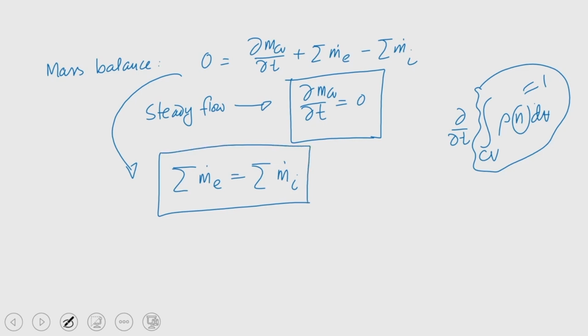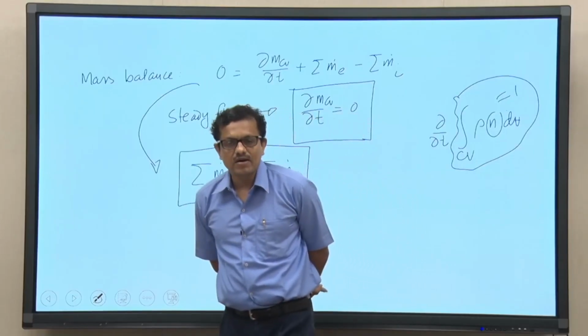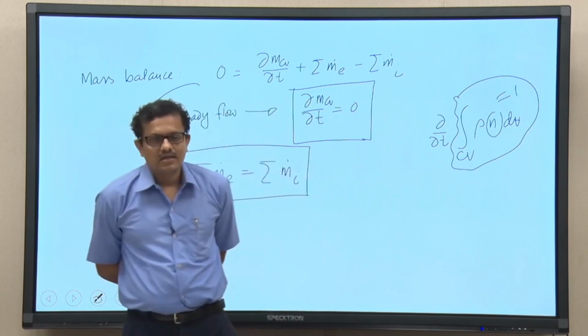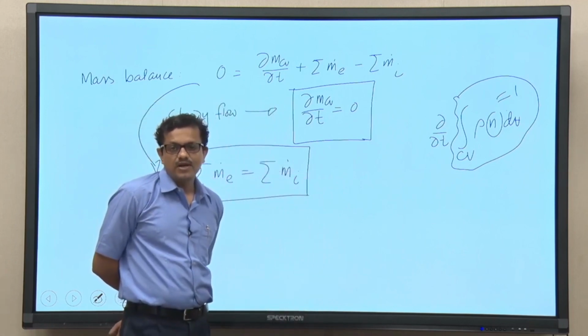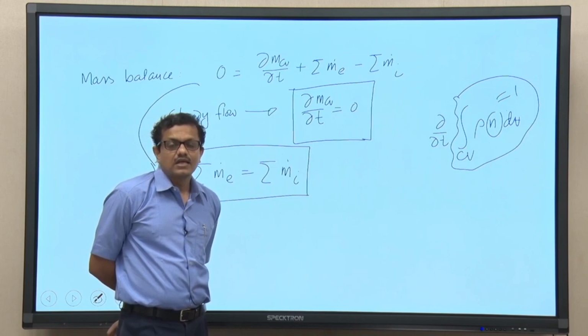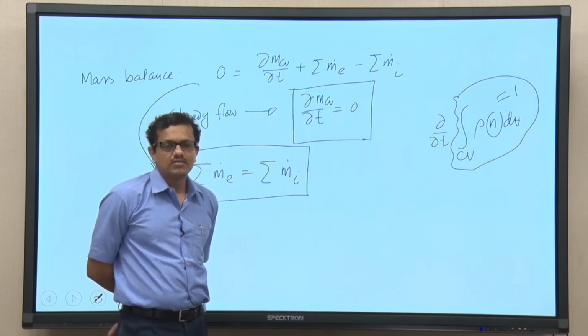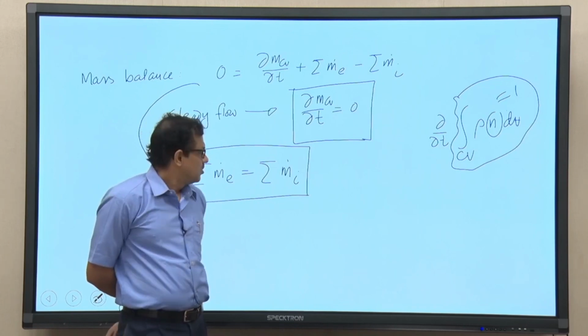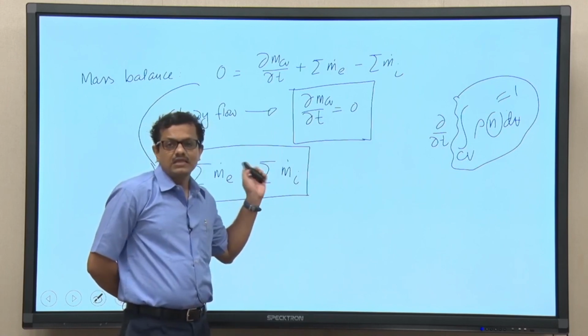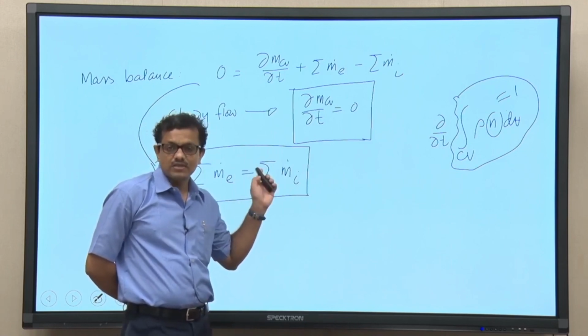Remember it, because again I am telling you, when we start discussing the cycles, power cycles, refrigeration cycles, different mechanical cycles related to the thermal system, we shall be applying steady state steady flow processes.